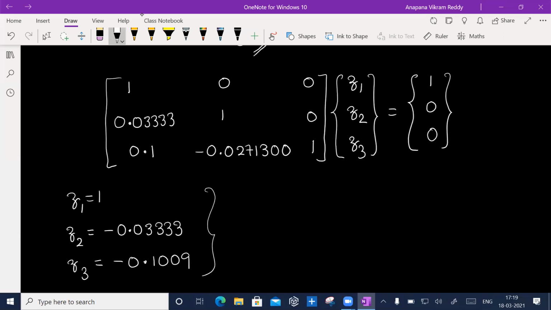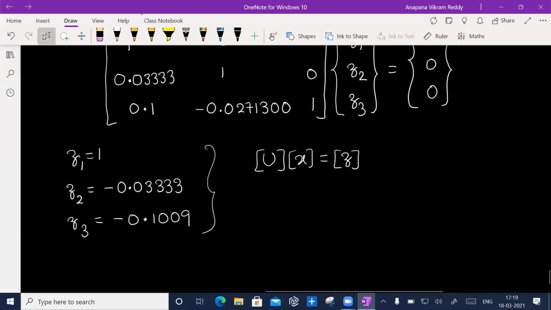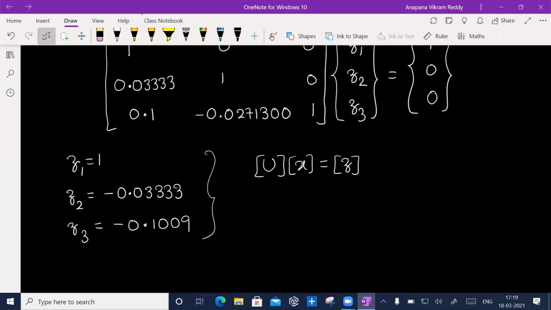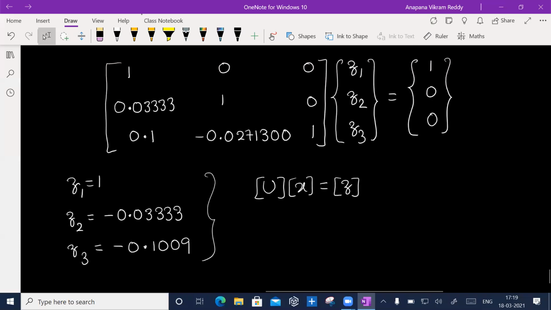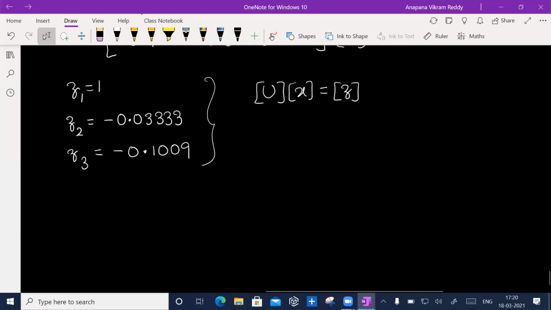Having known this, now I'll use UX equal to Z. I often spell Z as G, so please adjust. Now, what is my U here? Can I scroll up? So UX equal to Z, and you must tell me what my U is now.